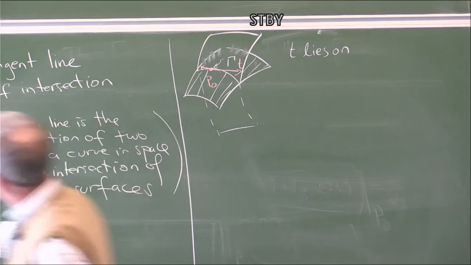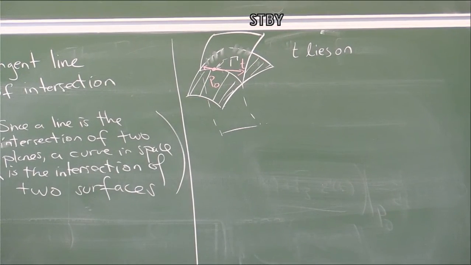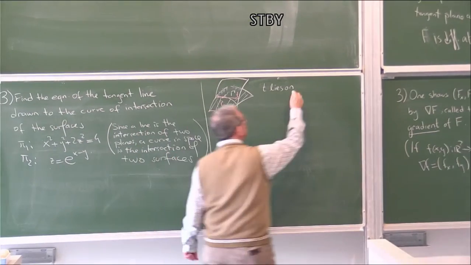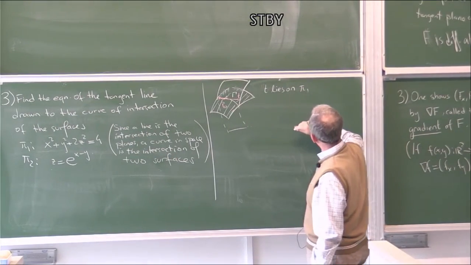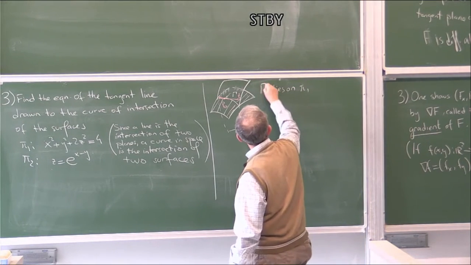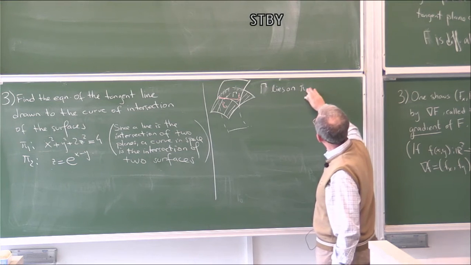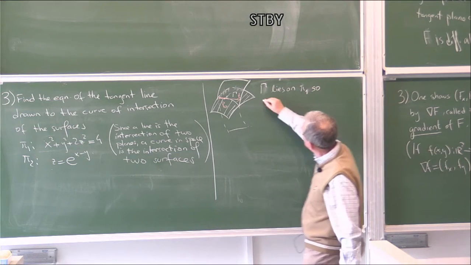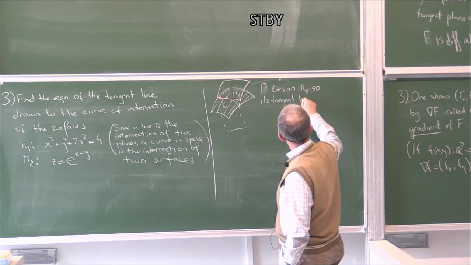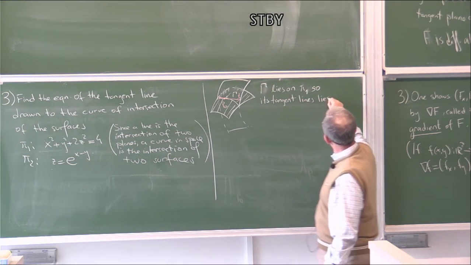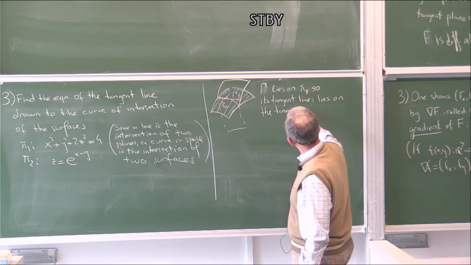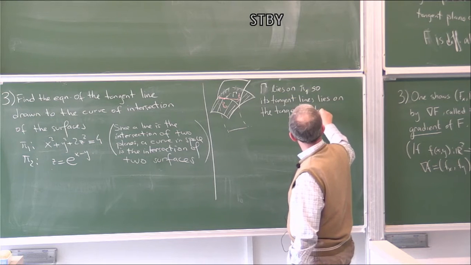Let me give names to them. Say this is the surface pi1, this is the surface pi2. So not T, but gamma lies on pi1, so its tangent line lies on the tangent plane.